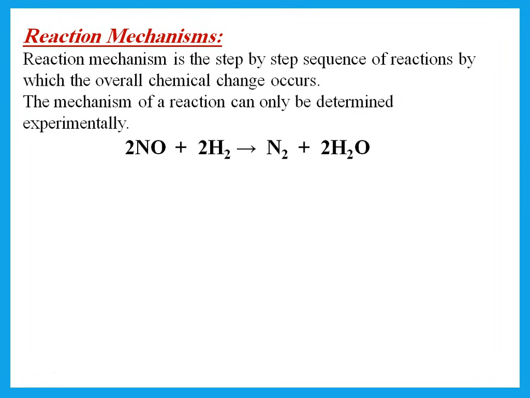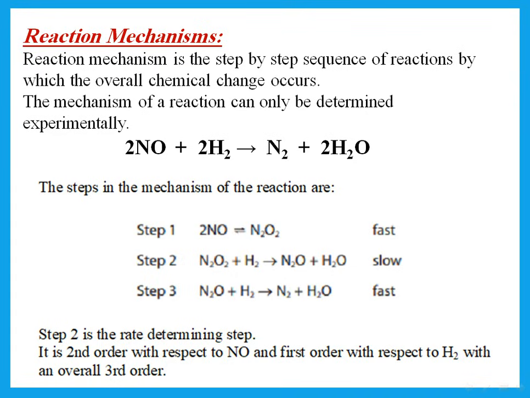So if I have this reaction, for example, and he gives me a mechanism, this mechanism says that there is a fast step in which the NO first changes to N2O2. Then there is a slow step in which the N2O2 reacts with the hydrogen to form something which then reacts after that. Now, what is the rate determining step? First of all, remember that the rate determining step is the slow step.